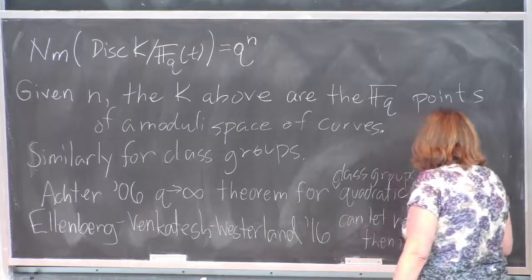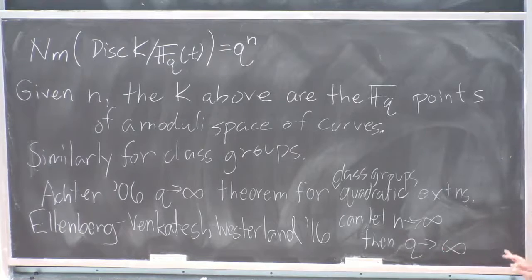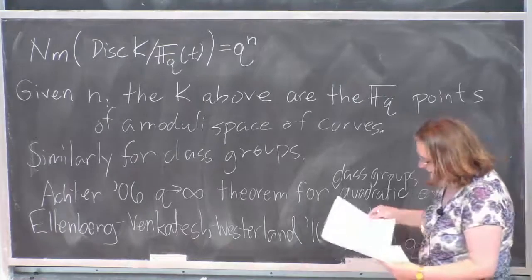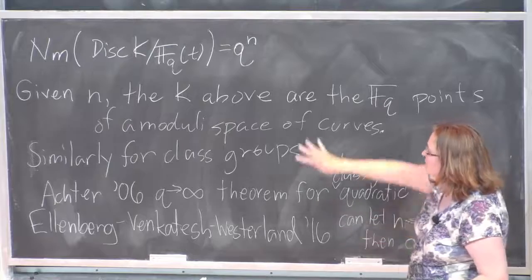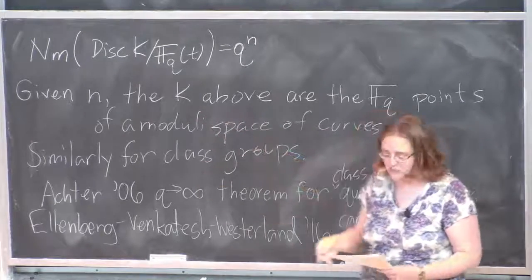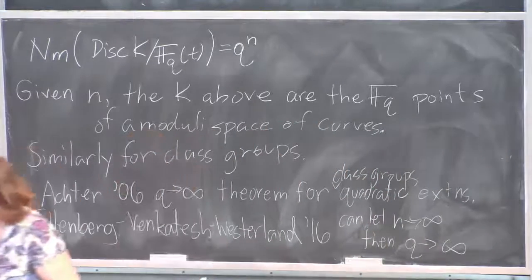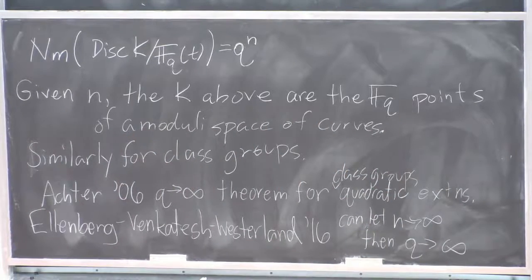It sounds like a minor thing, but it's actually a huge, huge advance in the technology of using the geometry and the shapes of these moduli spaces to say something about the counting problem. And I'll tell you just a little bit more about why it's a big advance.